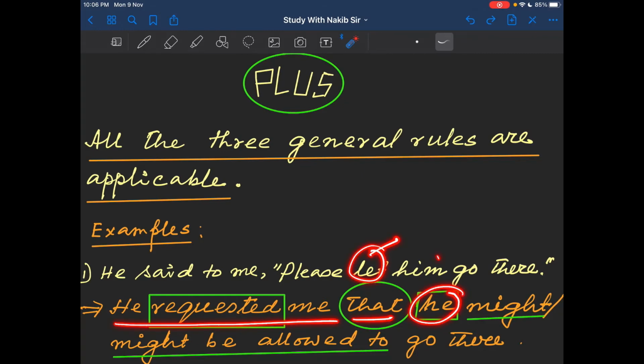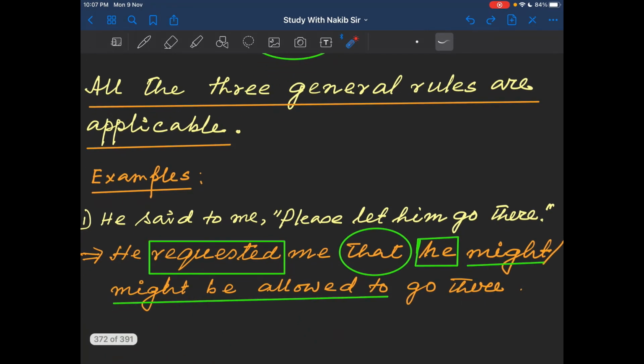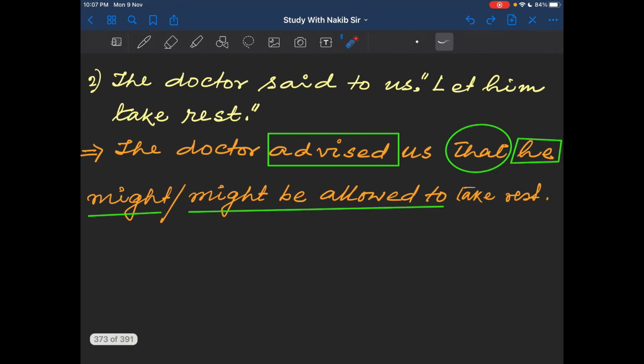As soon as let is out, him will be changed to he, and he is the third person pronoun, and it will remain unchanged in the reported speech. So the subject is he. So he requested me that he, and after the subject you have to use might or might be allowed to, then the verb, etc. So your final answer is he requested me that he might or might be allowed to go there.